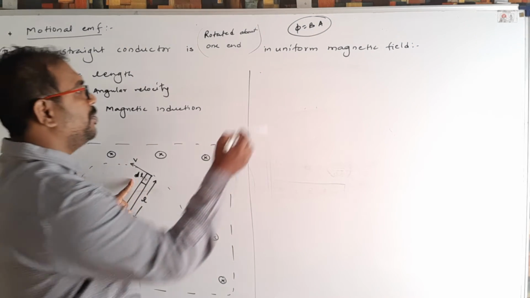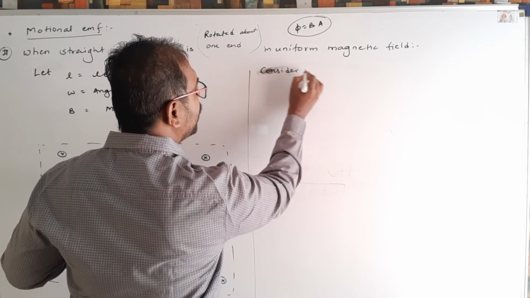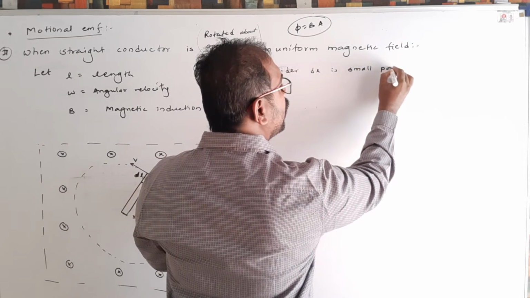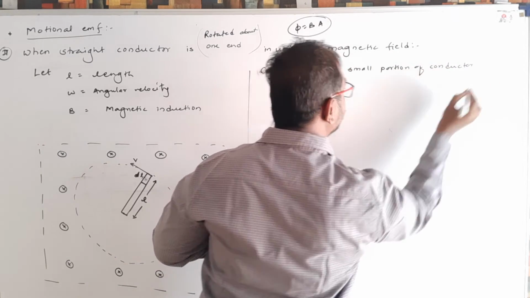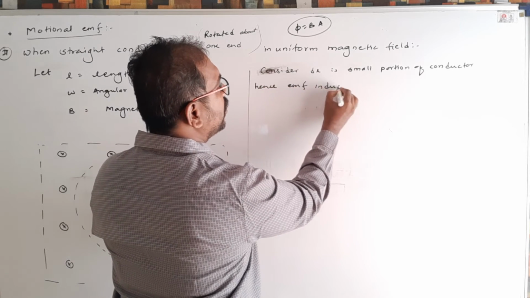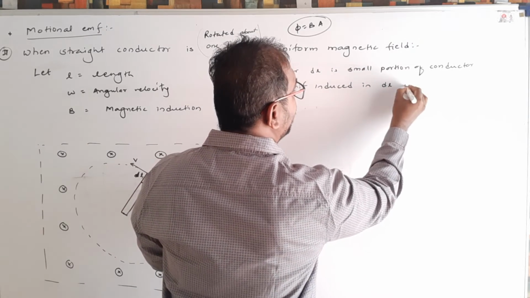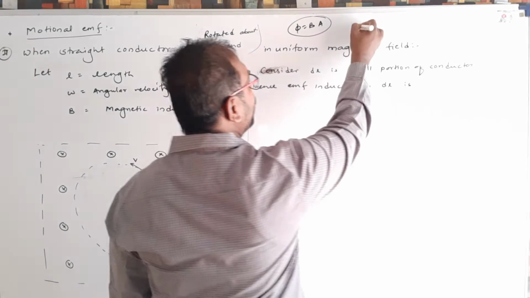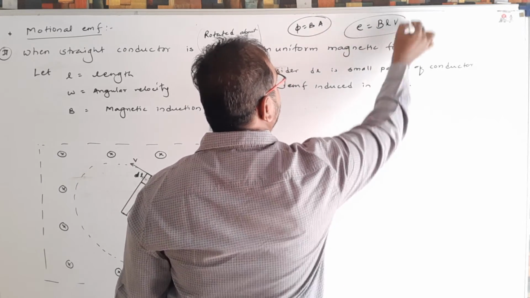Then EMF induced. So I consider dl is a small portion of the conductor. Hence the EMF induced in dl is, you know, the EMF induced in a straight conductor is given by the formula E is equal to, as we just learned, BLV.